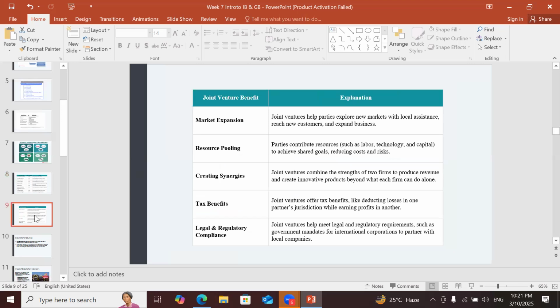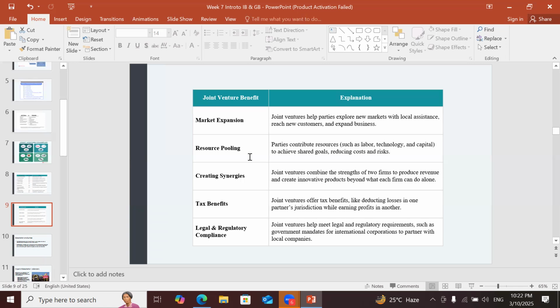Now the joint venture benefits more clearly. At first, market expansion. They want to capture the total market and create a target-based or segment-based market. Resource pooling.